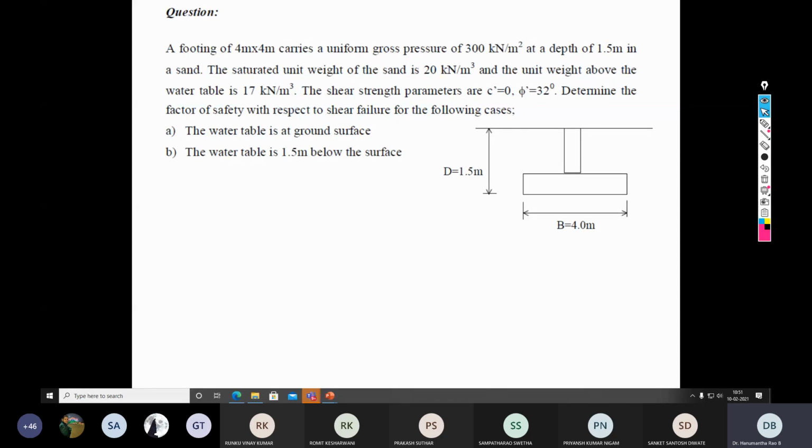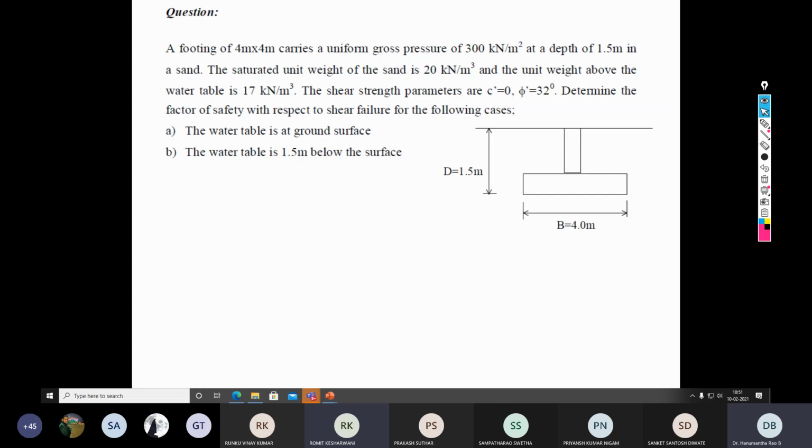So in the first case, which term will get affected? Both the overburden term and the last footing term. Yes, fantastic. And in the second case? Sir, only that bottom one.